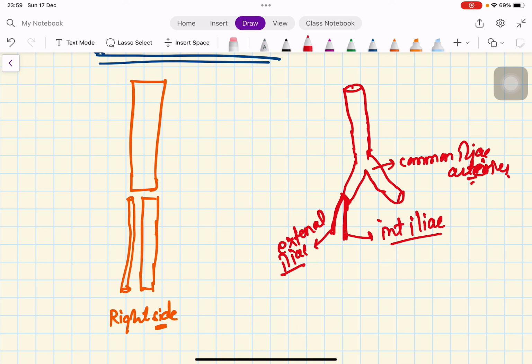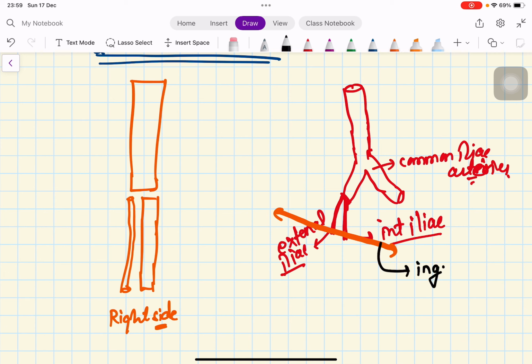This external iliac artery passes through a ligament. What type of ligament is it? It is the inguinal ligament.